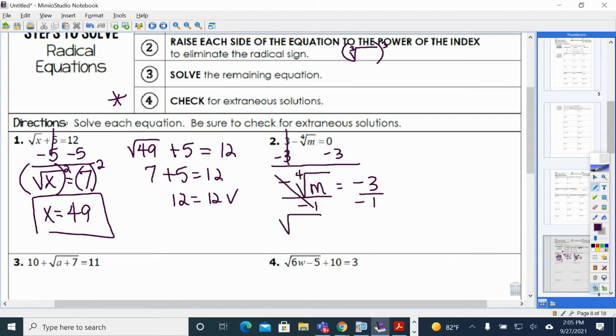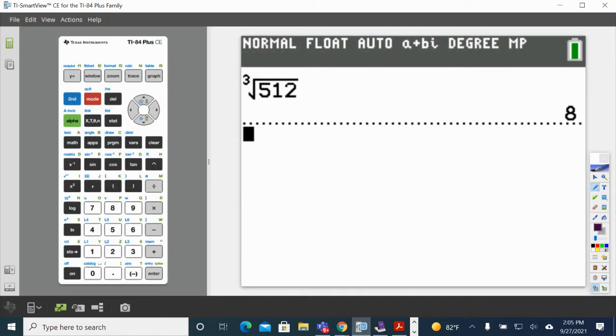So now it says the fourth root of m is equal to 3. And then the index is 4. So we're going to raise both sides to the fourth power. And that's going to eliminate that radical, giving me just m equals 3 raised to the fourth power, which is 81.